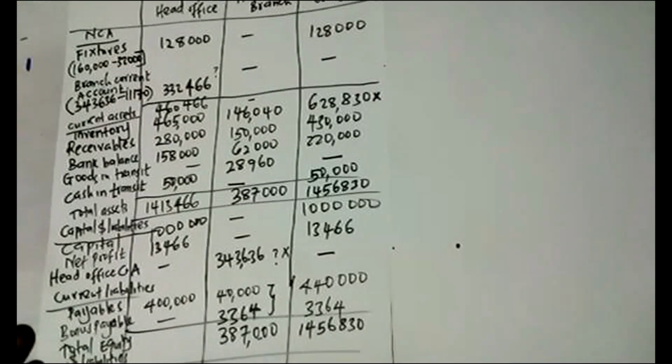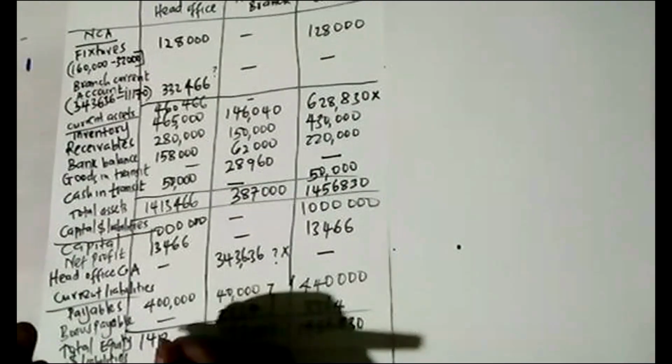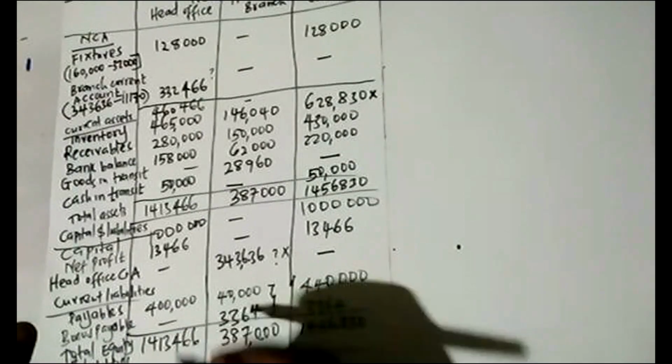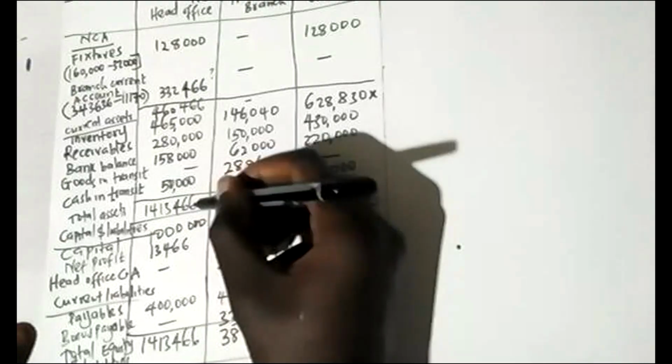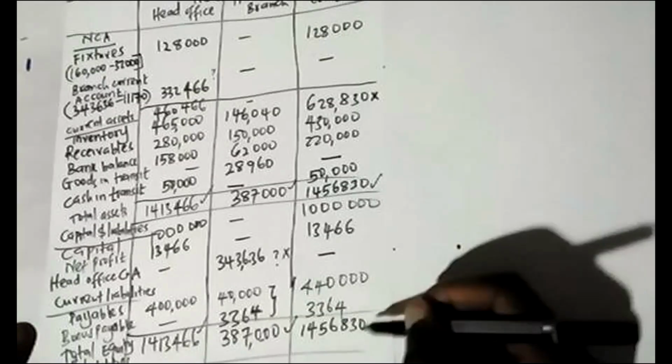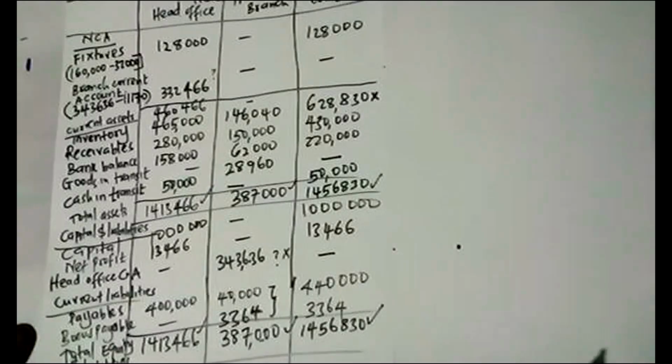Then the other one, 1 million plus 13,466 plus 400,000, I'm getting 1,413,466. So you can see my question is balancing. This one is okay with this, this one is okay with this, and this one is fine with that one. So that is how you are supposed to do the statement of financial position.